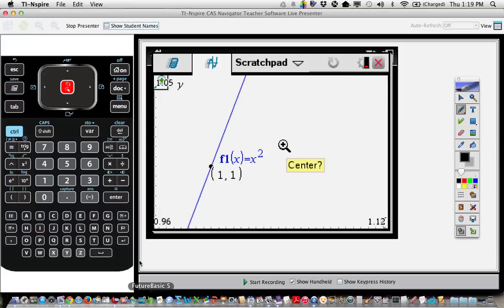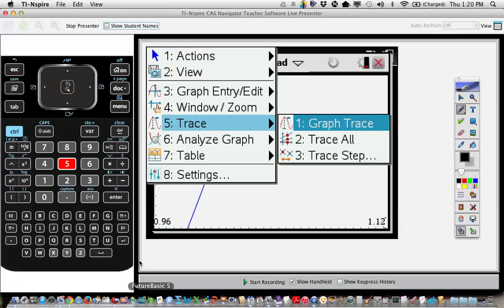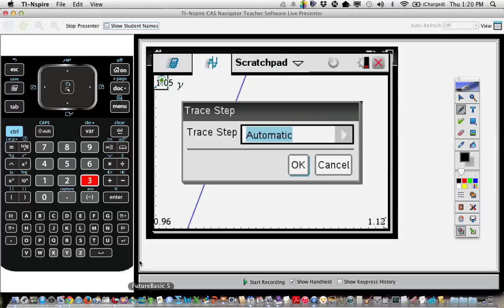Now, let's try this. We didn't try this in the other class. I want to try this for our homework. So let's go to menu, window, trace, and trace step. Go down to trace step, number 3, and let's change this from automatic.